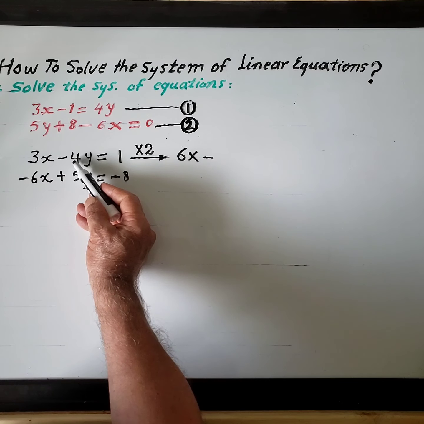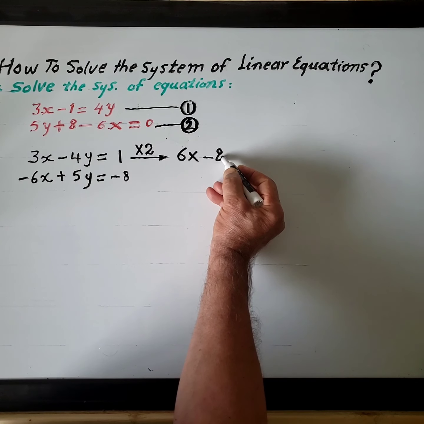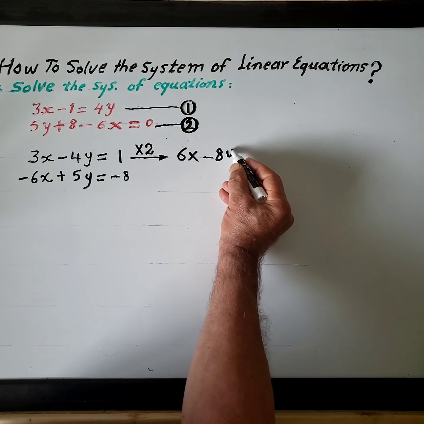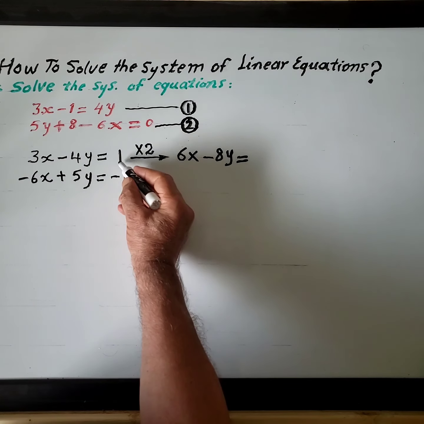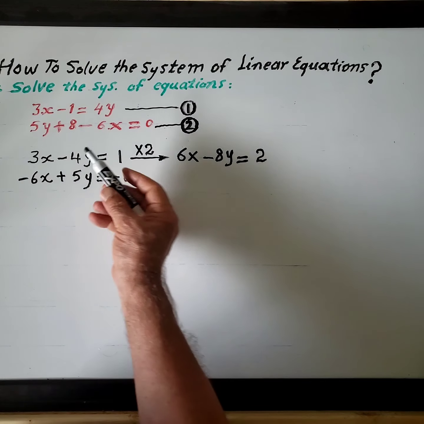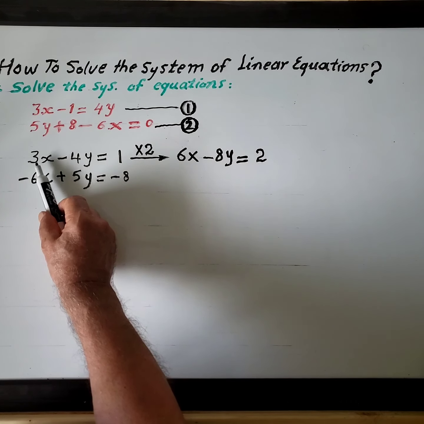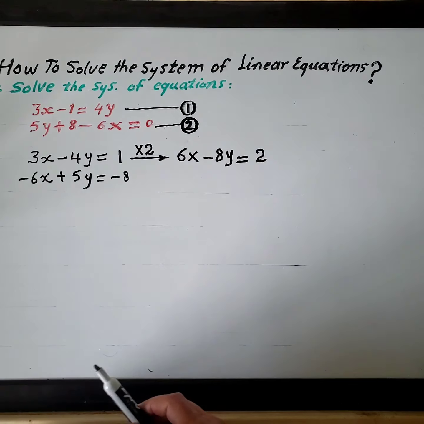When I multiply by 2, it will be 8y is equal to, multiply by 2 will give me 2. So I just multiplied each term by the number 2.